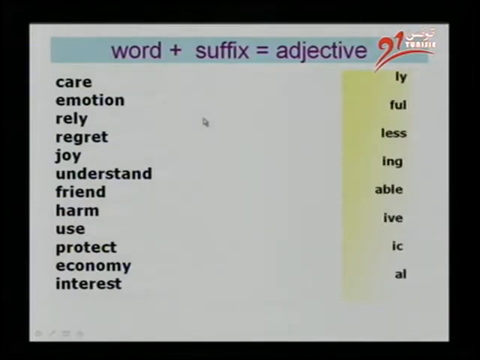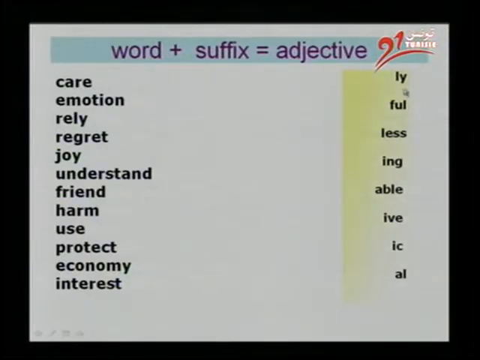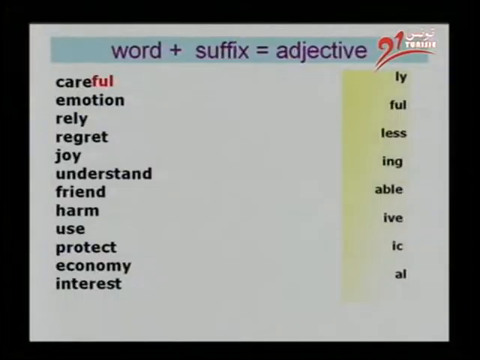If I am going to add a list of suffixes, you have these: ly, ful, less, ing, able, ive, ic, al. The importance of these adjectives sometimes, I mean, we are making new words, you should know sometimes some suffixes can help you understand the adjective and can help you understand the idea that the writer is talking about. Look at the table we have here.